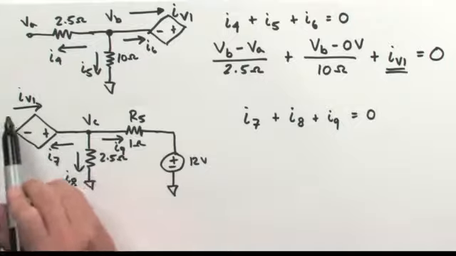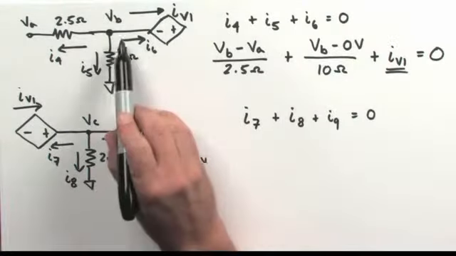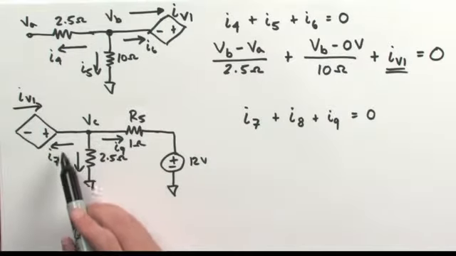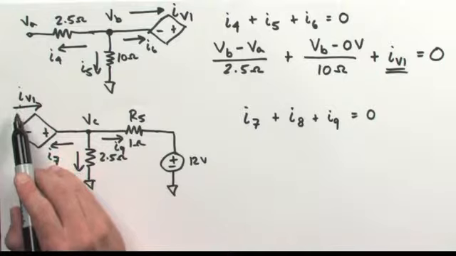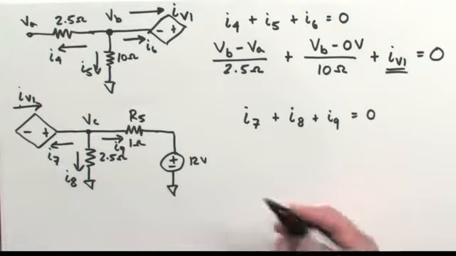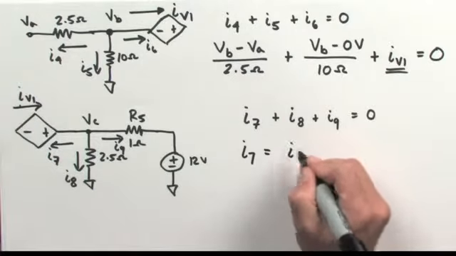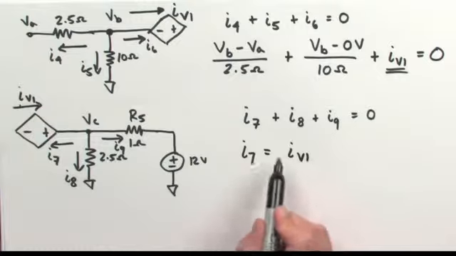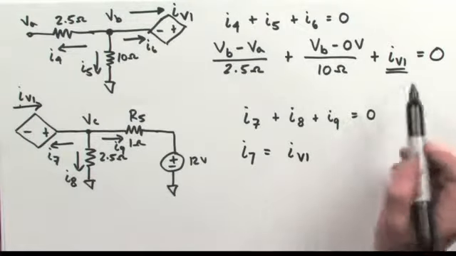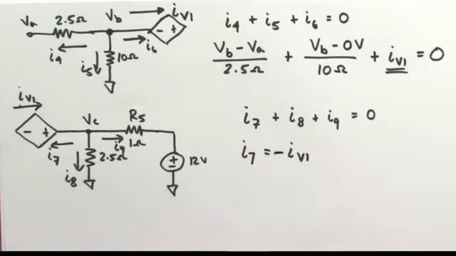If the current leaves node B and flows towards node C, that means I7 must be the same magnitude as what was leaving B, but going in the opposite direction. So I7 must be equal to the same magnitude as the current through V1, except going in the opposite direction. So it's flowing into the node, so that becomes a negative sign.